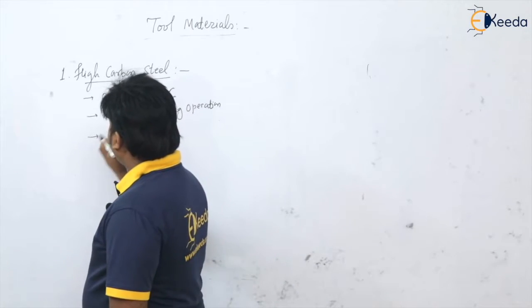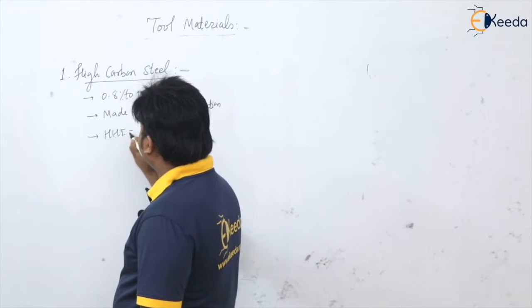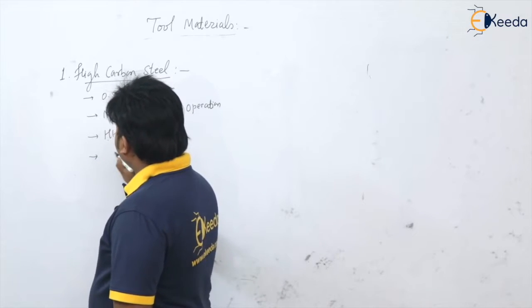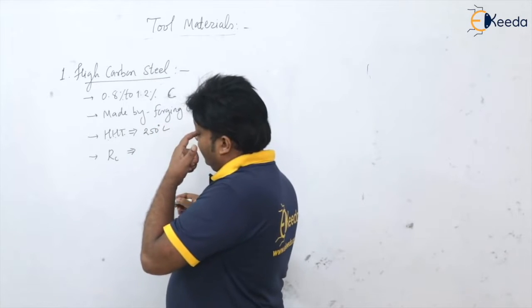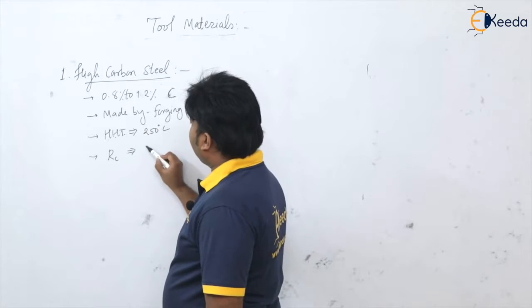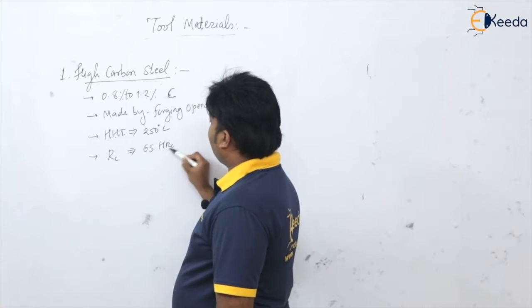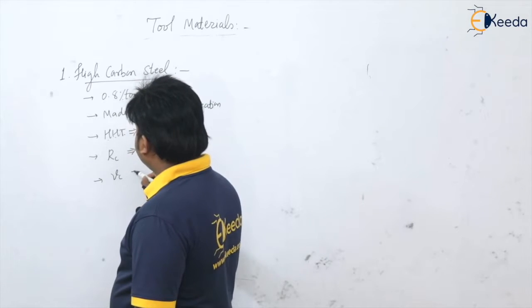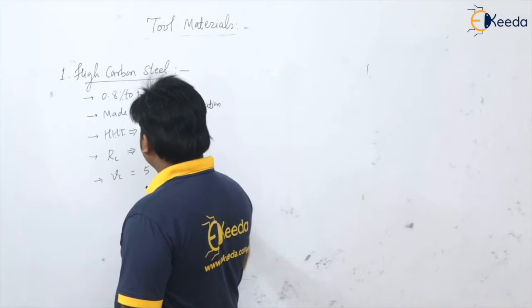If you see the hot hardness temperature for this tool, HHT means hot hardness temperature, it is 250 degrees centigrade, and on the Rockwell C scale the hardness of these high carbon steels is about 65 HRC. And the cutting speed which can be used for these high carbon steels is up to 5 meter per minute.